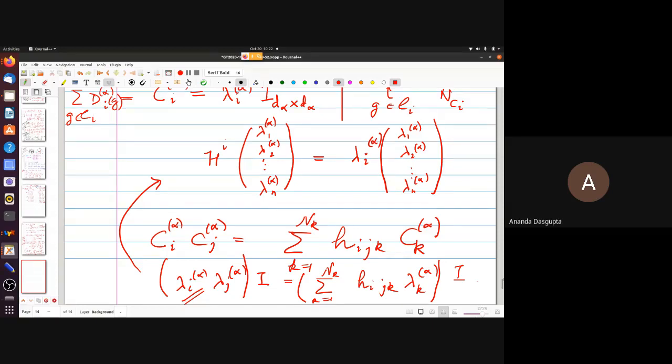And basically, our lambda I alphas are nothing but the eigenvalues of those class quotient matrices. Right? Is it okay?